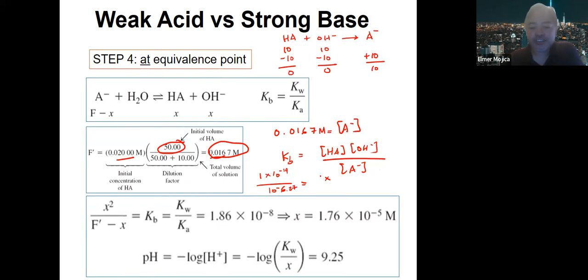And you have your X times X over 0.0167. So we already dropped the minus X there. Try to see if, when you solve this one, this is the number that comes out, which is the hydroxide.